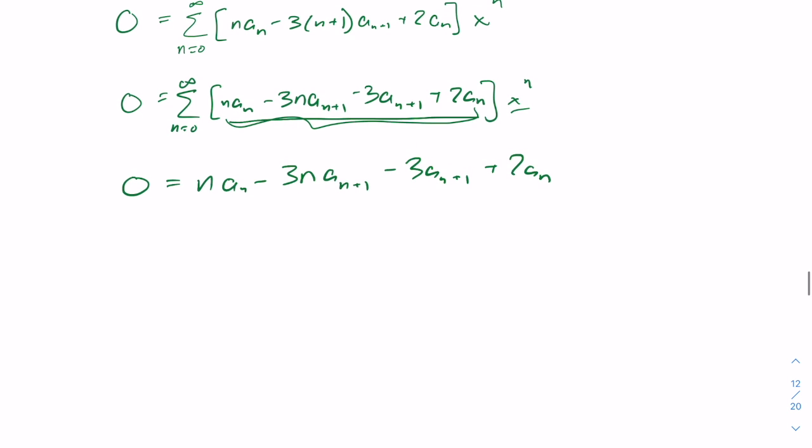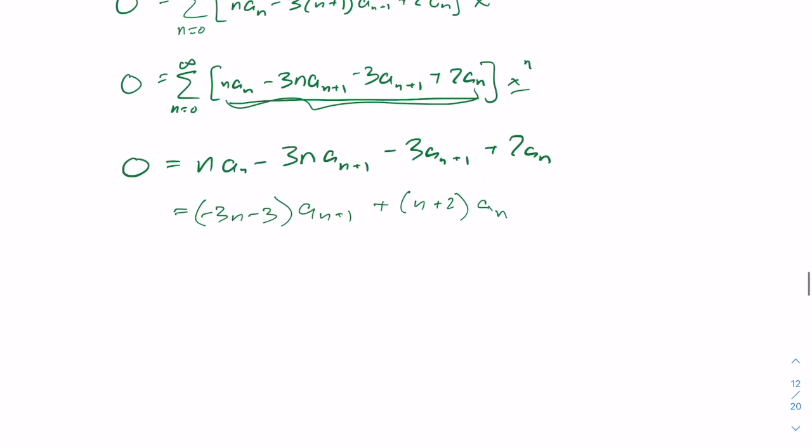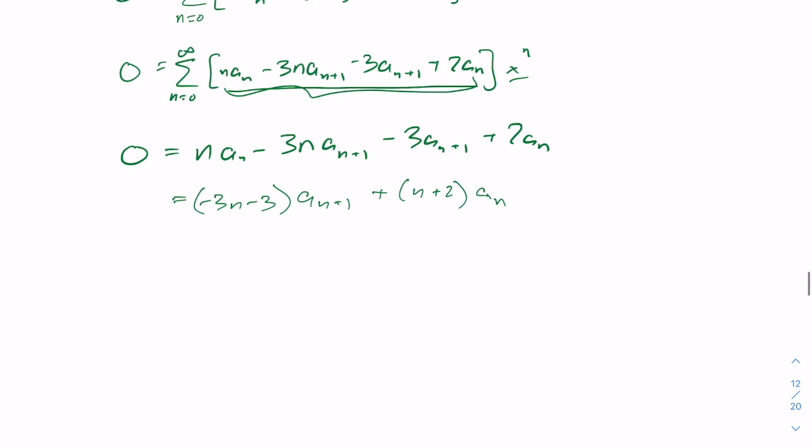And I'm going to move some stuff around and try and solve for a_(n plus 1). All right, so let's combine some things. So I'm going to have negative (3n plus 3) times a_(n plus 1) plus (n plus 2) times a_n, and that equals 0. Which means what?